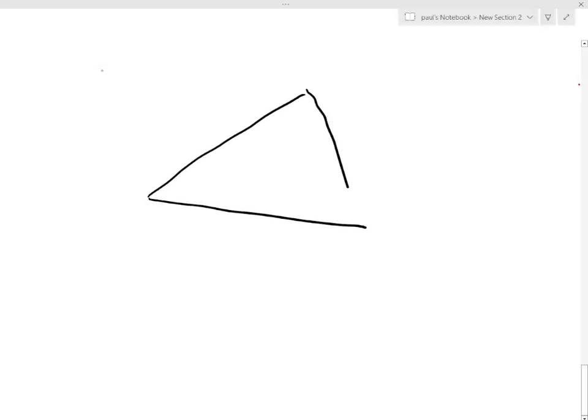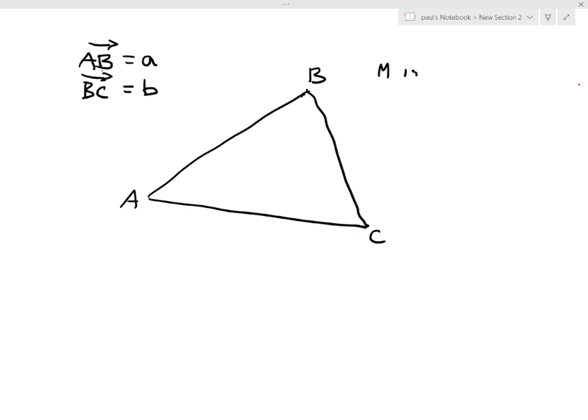So, last one up. We've got some kind of triangle there. They're usually triangles and parallelograms and trapeziums and things. So, we'll just label it up and we'll just add one fiddly little element in there. That AB is equal to a. BC is equal to b, and M is the midpoint of BC. Okay, so let's put all that information in.